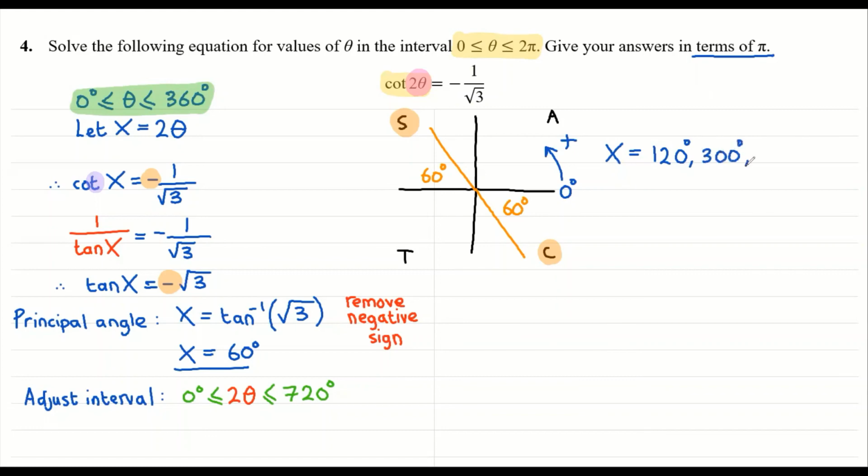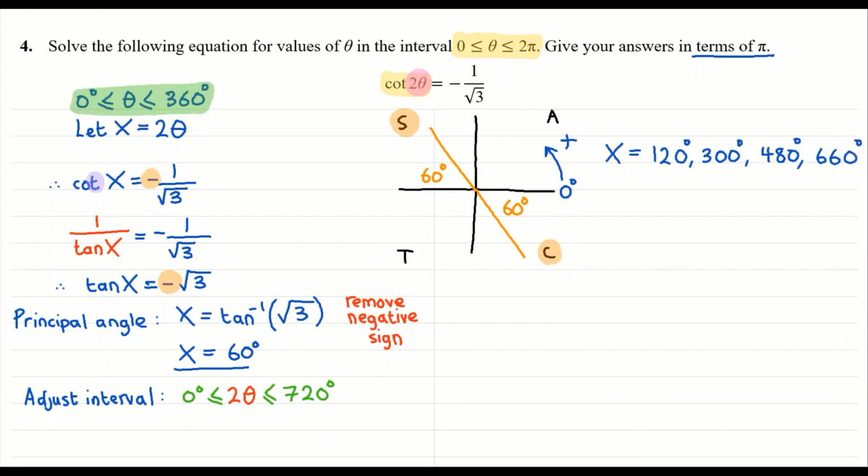And we simply just have to add 360 to both of those. So we're going to have 480 for the next one, which is 360 plus 120. And 660 for the final one. So that's 360, add 300. So 660 degrees. So these are our X angles.